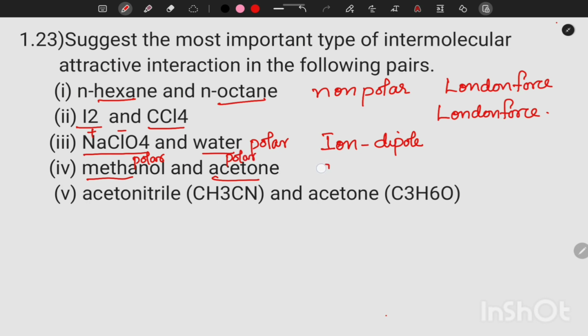So the interaction between them is dipole-dipole interaction. Acetonitrile is polar and acetone is also polar. So the interaction between these two is dipole-dipole interaction.